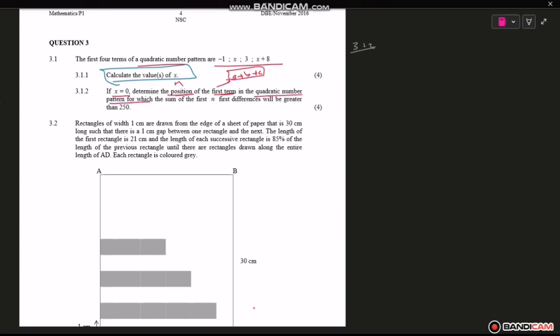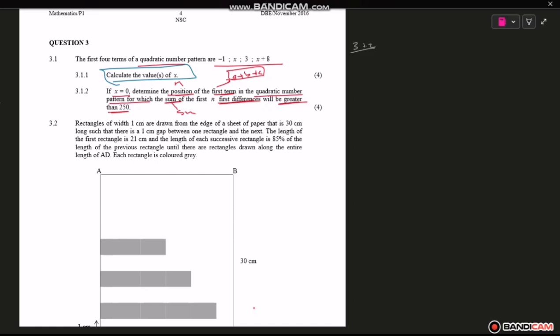And of the quadratic pattern, for which the sum, that's Sn, of the first n differences will be greater than 250. So it's very important for you to first understand that English that's written there, right?